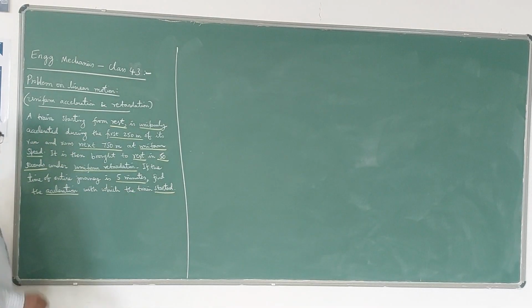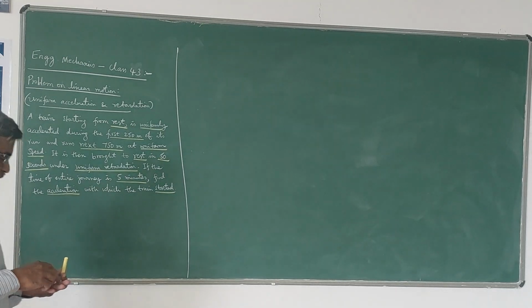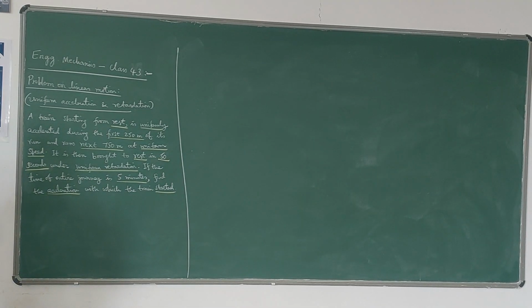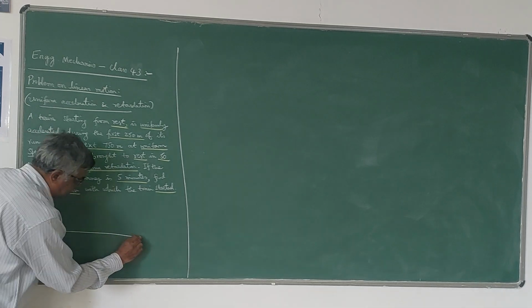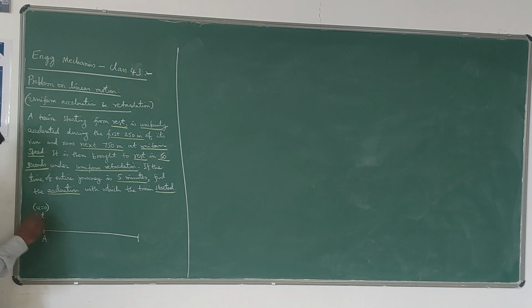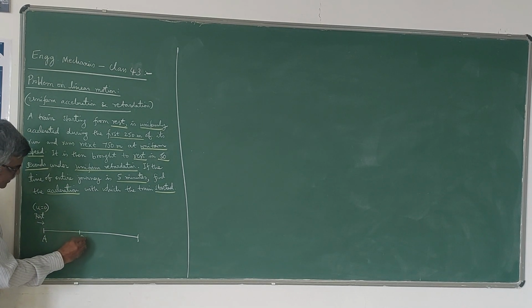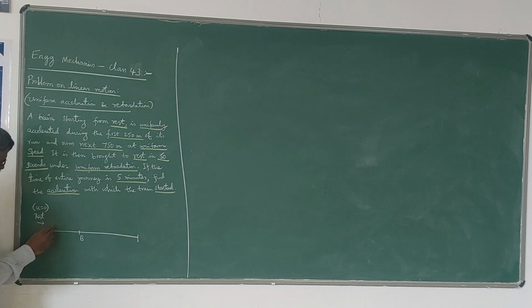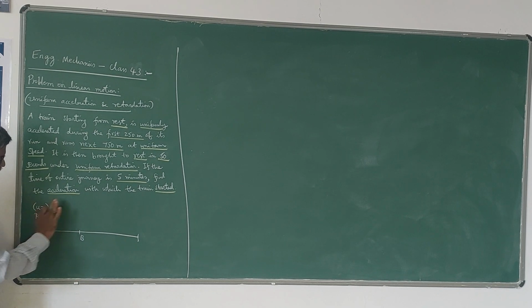So you have to understand here that in any problem of linear motion, there will be 3 stages. Let us say A is the starting point, so it starts from rest. Initially it starts from rest, that means your initial velocity is 0. Up to a certain distance, let us take this as B, the velocity increases.